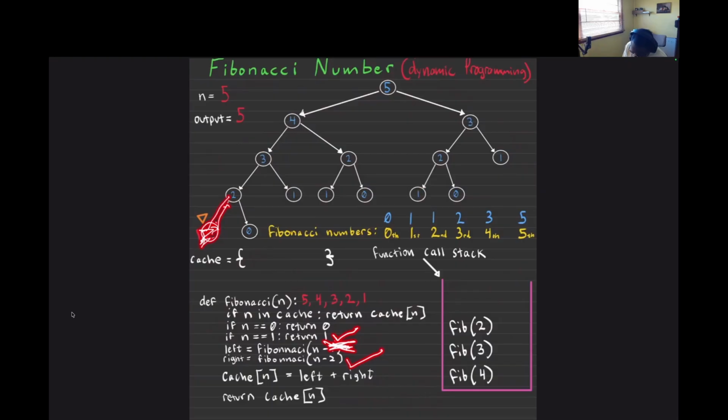Fib of 2 is going to go inside the recursive call now. Let me keep that, and I'll check mark it to denote that it's done. Remember, we're going back here, which is going to call the right subtree, where n minus 2.